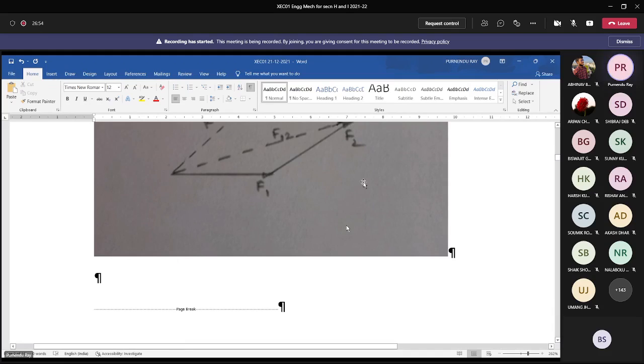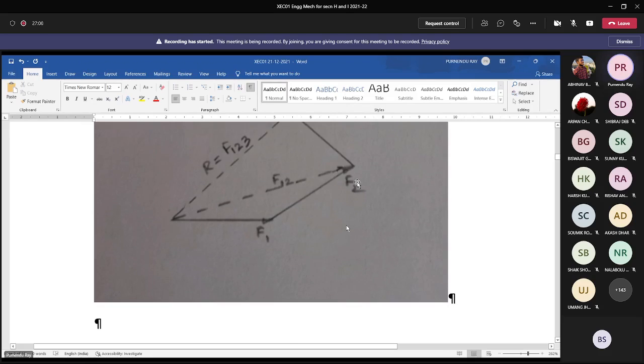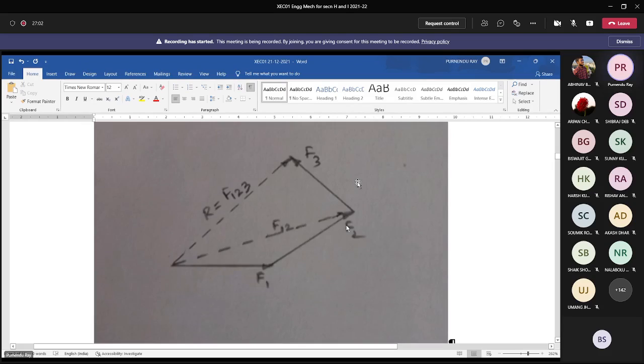How the formula comes naturally, you did in detail in your class, but the same thing we will not follow here directly. That means adding one after other, applying the formula for F1 and F2, finding the direction and magnitude, then combining these two, not in that way.